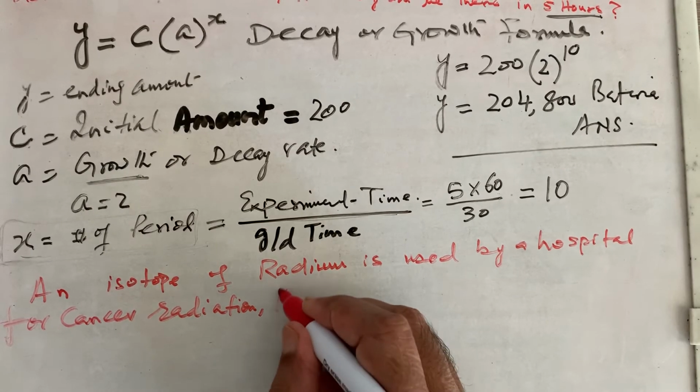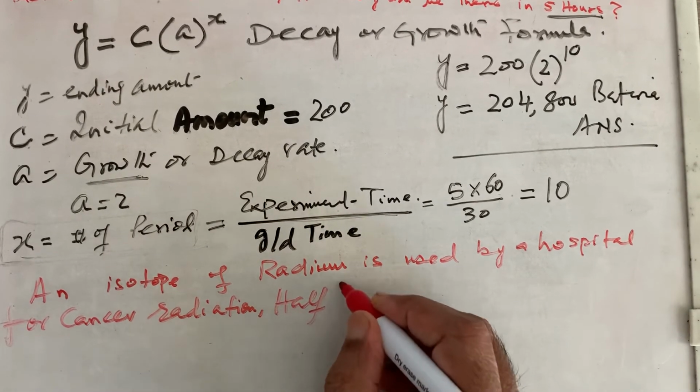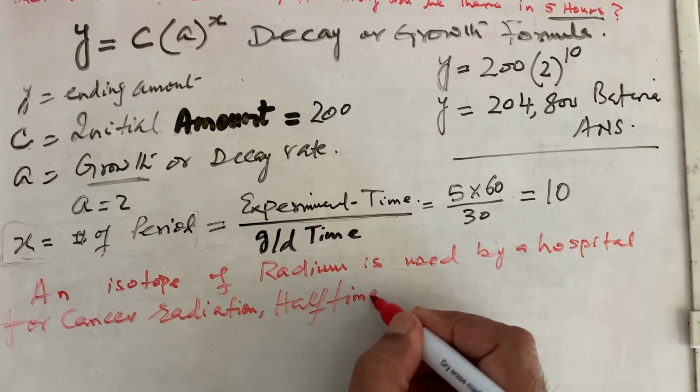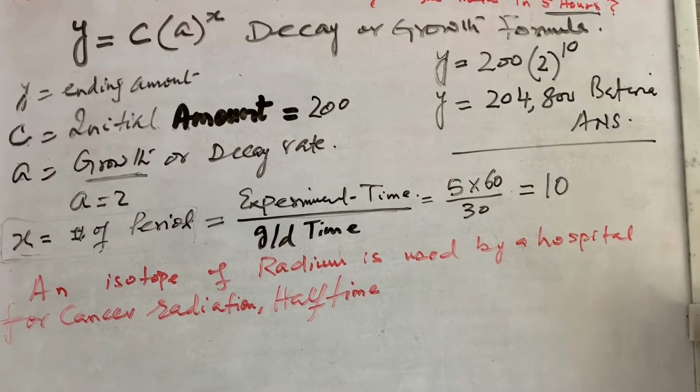The half-life of the isotope is 1620 years. Half-life is the term which says that the function is decaying.